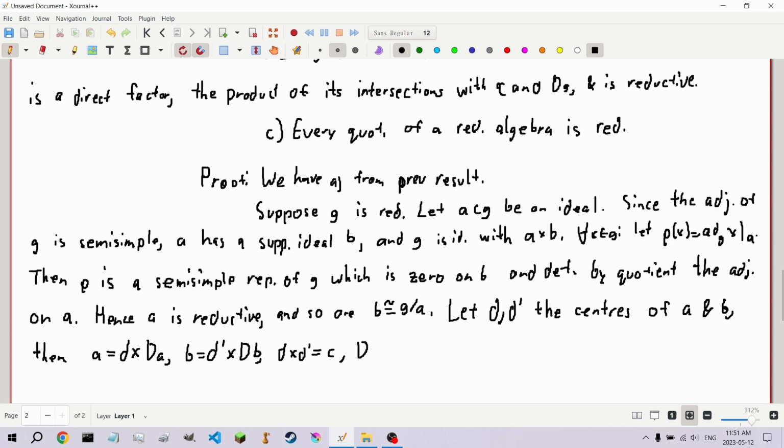The product of the derived algebras of A and B is going to be the derived algebra of G. So that gives us that A is equal to the intersection of A and C plus the intersection of A and the derived algebra of G. And that's everything.